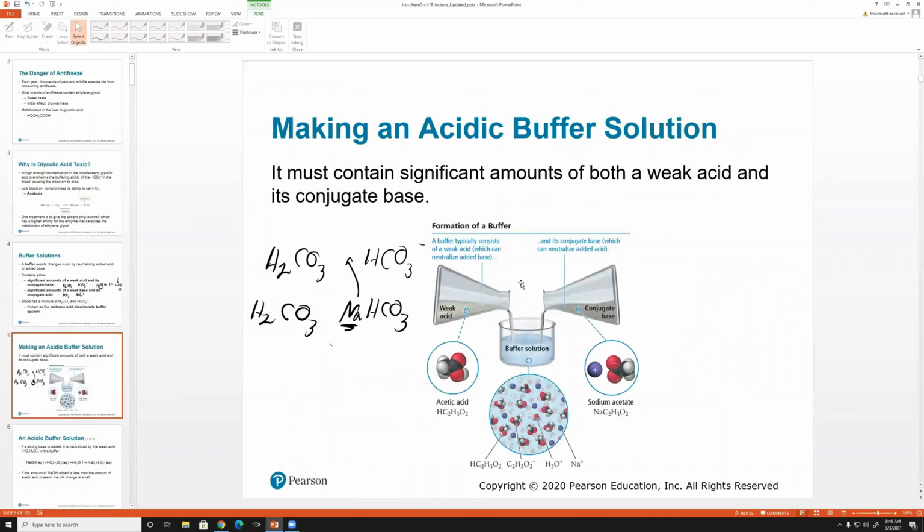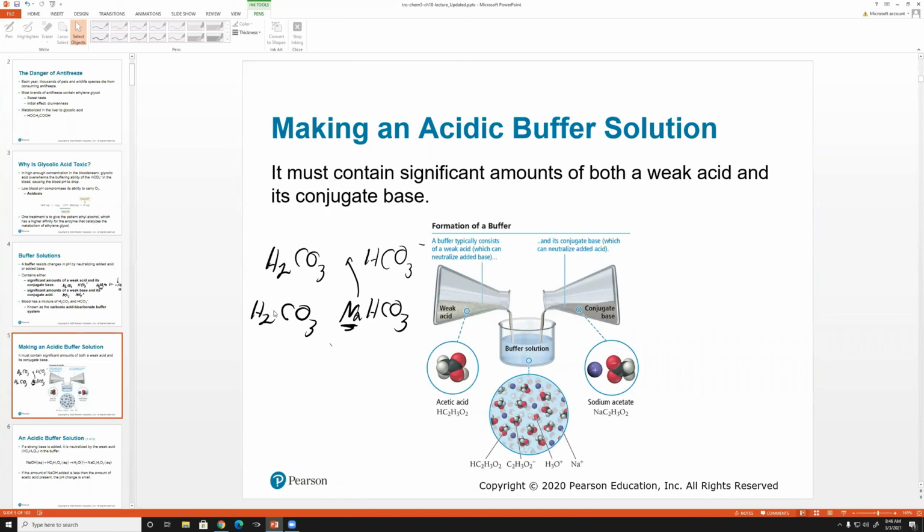So how do we make an acidic buffer solution? You need significant amounts of both the weak acid and its conjugate base. If we just have the weak acid, we know that it will dissociate very, very little. But if we add a salt that contains the conjugate base, we can then have significant amounts of both.